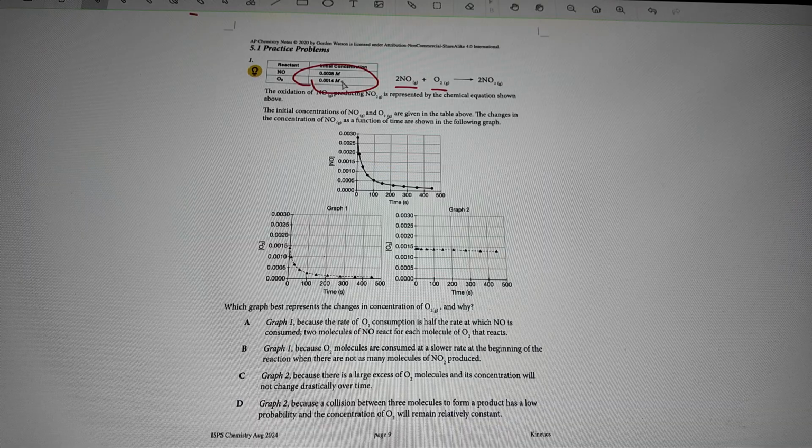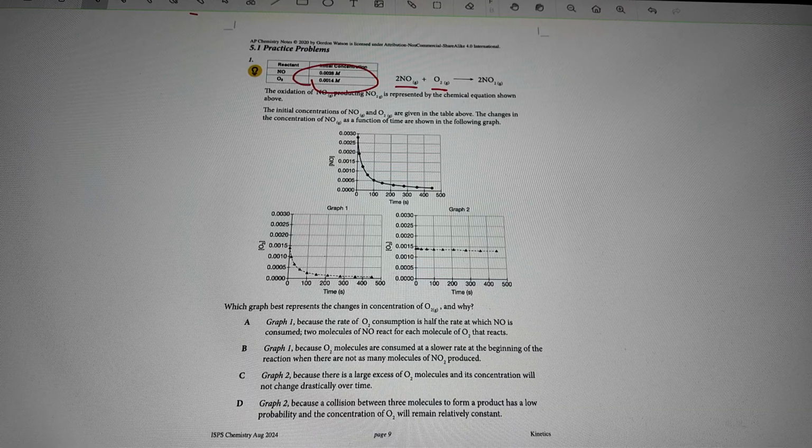And that's kind of seen in this ratio right here. This means that the reactants that are present, they're needed to react together. So for every 2 NO, 1 O2 is consumed.